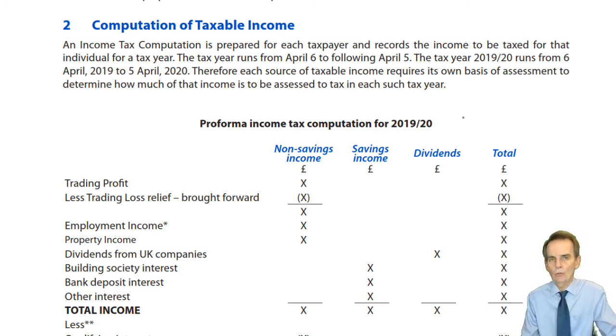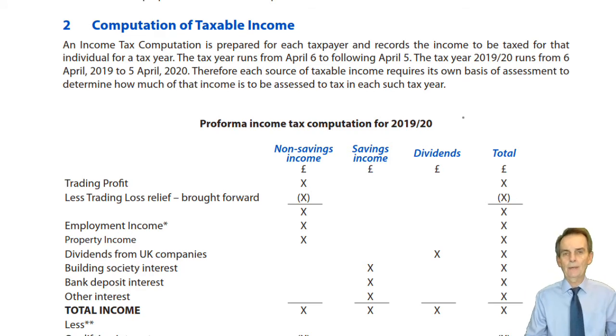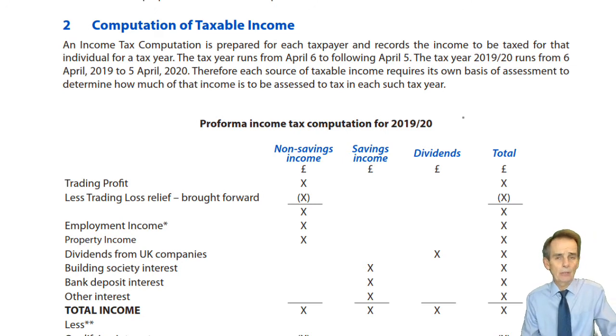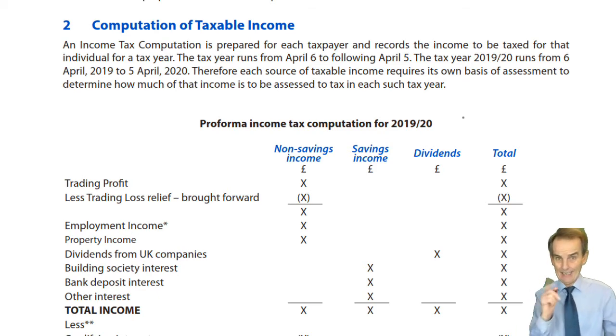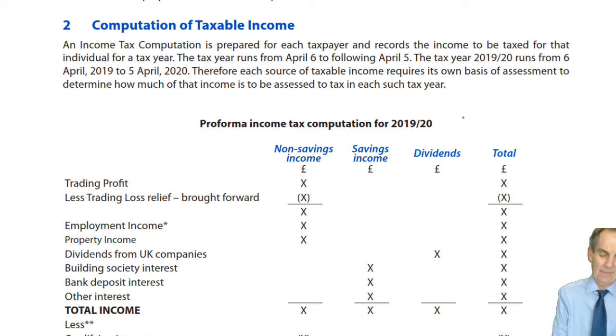We don't get to choose in tax the time period for which we will be charged to any individual tax. And the 2 main personal taxes, income tax and, as we'll see later, capital gains tax, or CGT as we will know it from now on, those computations are prepared for a tax year. And a tax year runs from and to some very strange dates indeed, as we'll see in these notes here.